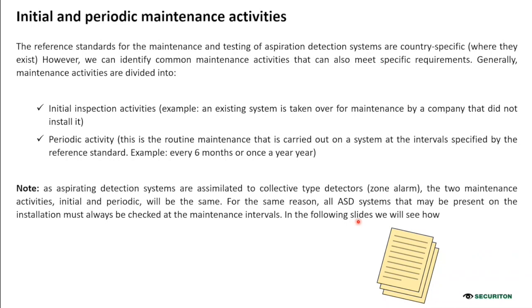So what is important to know when we do maintenance on the ASD system? An aspirating detection system is assimilated to collective type detectors, so the zone alarm. In this case, the two maintenance activities, initial and periodic, will be the same. There is no difference.